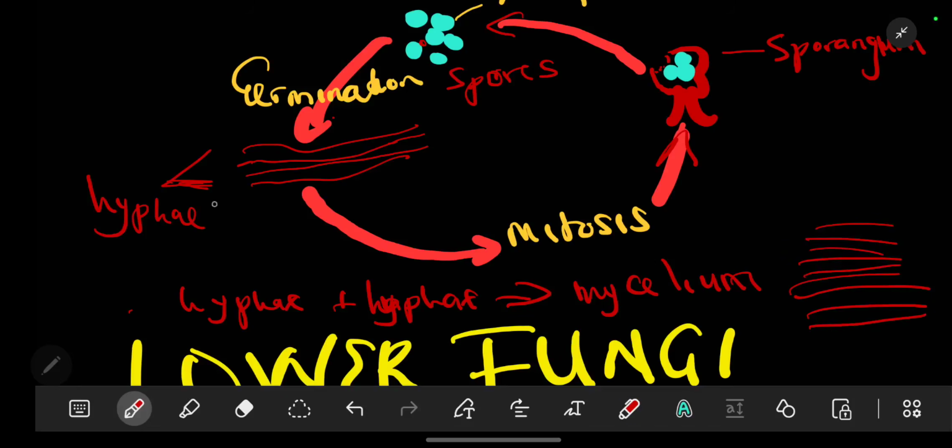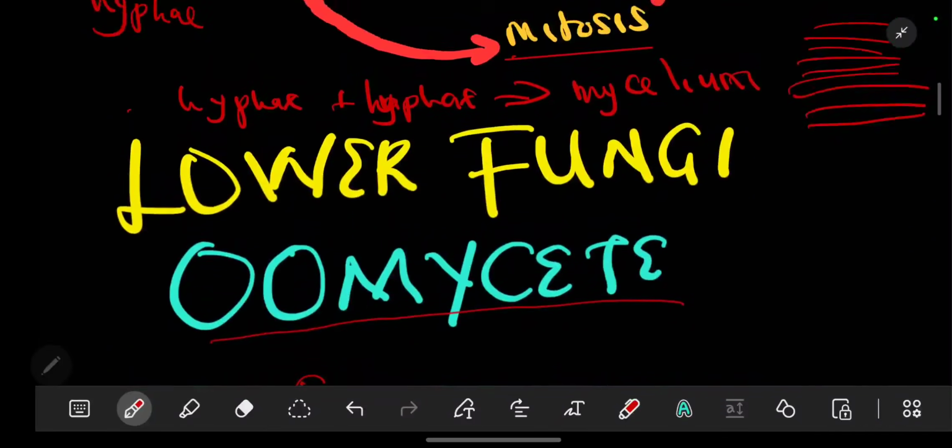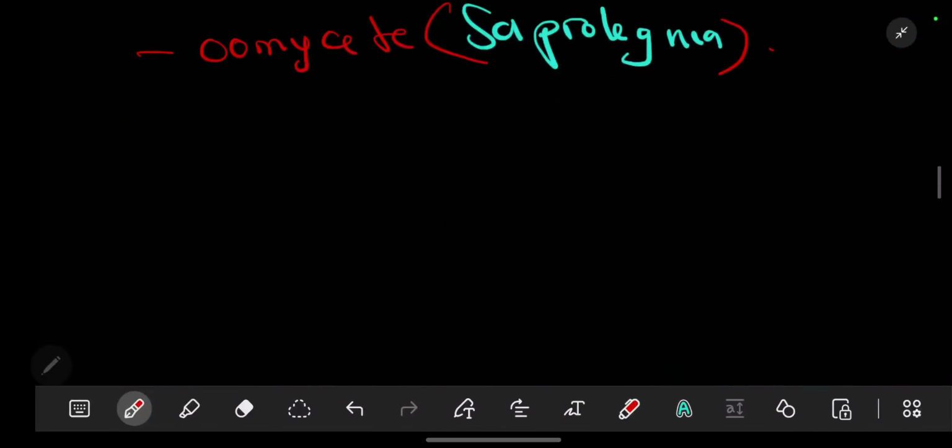Now when this is formed, remember this is asexual reproduction. Asexual reproduction involves mitosis, which is the rapid division. When they divide, it looks something like this. We have hyphae like that.